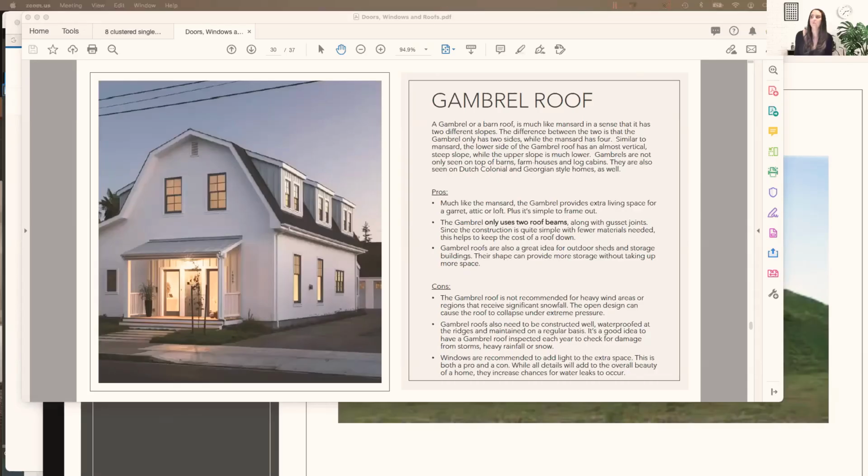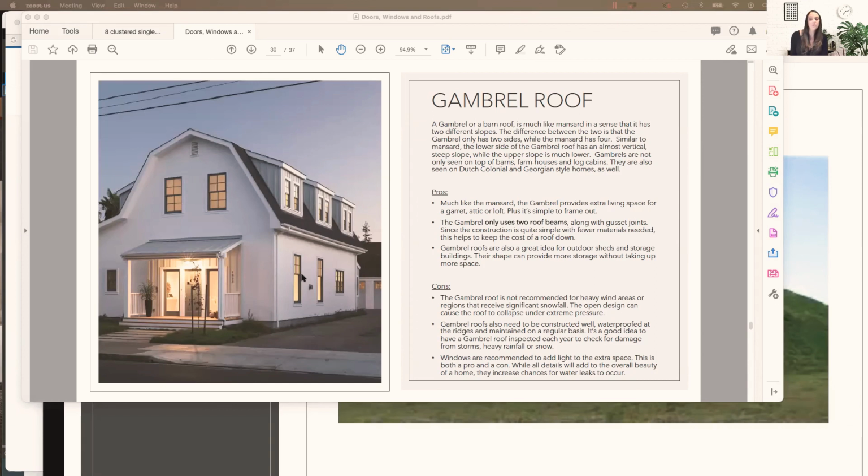Okay, while you do that, I'm going to take back the floor. I'm going to quickly share a picture of the gambrel roof. So it is really that farmhouse barn style roof. The gambrel construction only uses 2 roof beams along with the gusset joints, so it's quite simple construction.